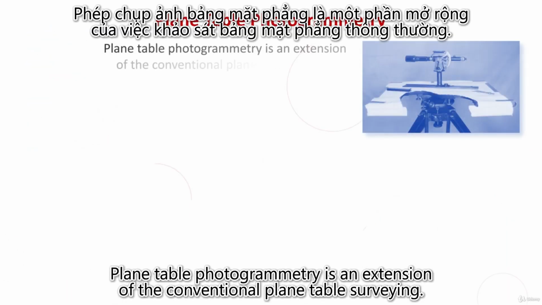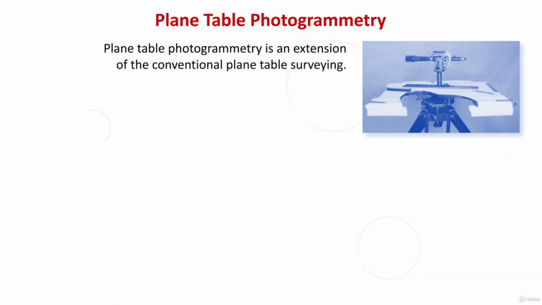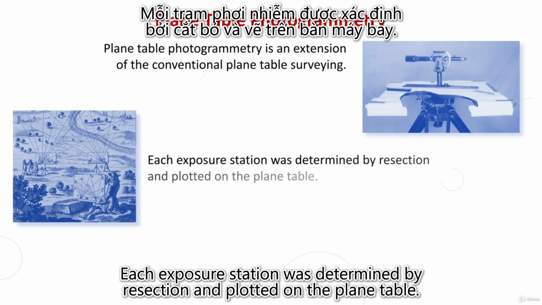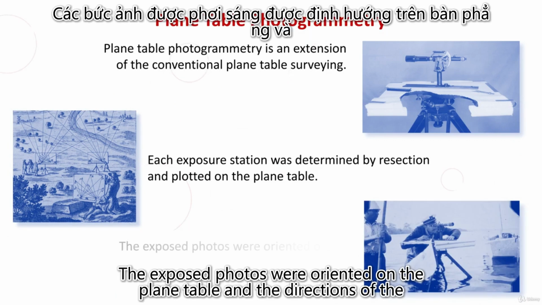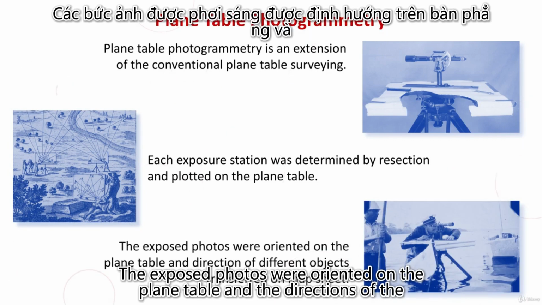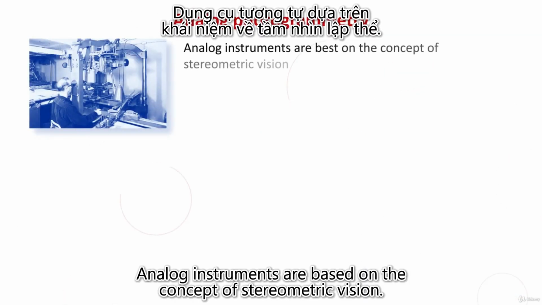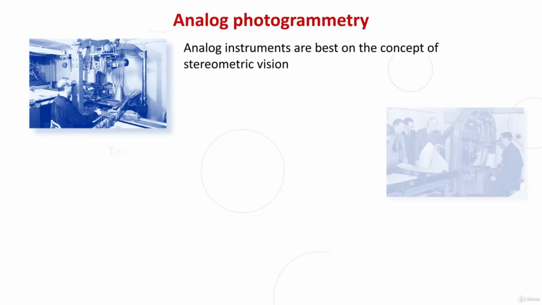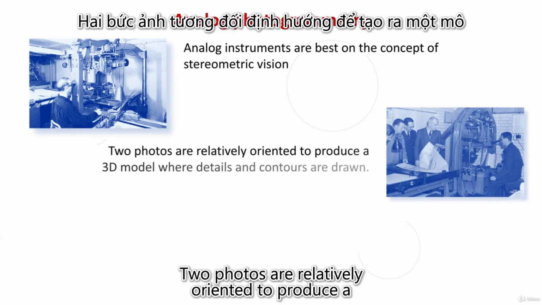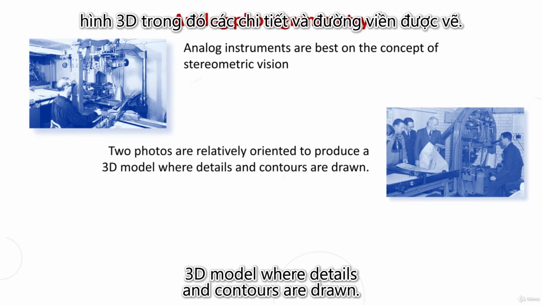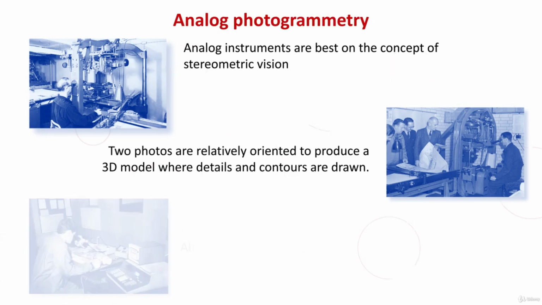Plane table photogrammetry is an extension of conventional plane table surveying. Each exposure station was determined by resection and plotted on the plane table. The exposed photos were oriented on the plane table and the directions of the different objects were transferred onto the map sheets. Analog instruments are based on the concept of stereometric vision. Two photos are relatively oriented to produce a 3D model where details and contours are drawn.